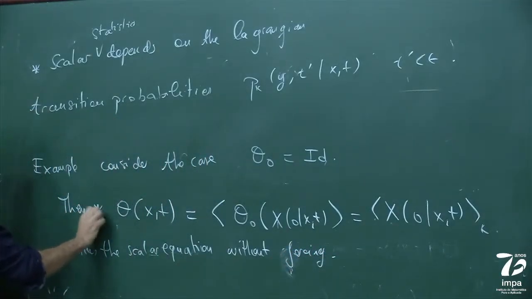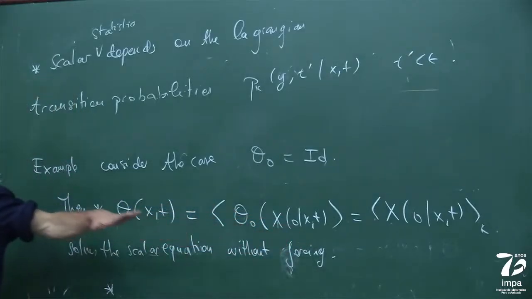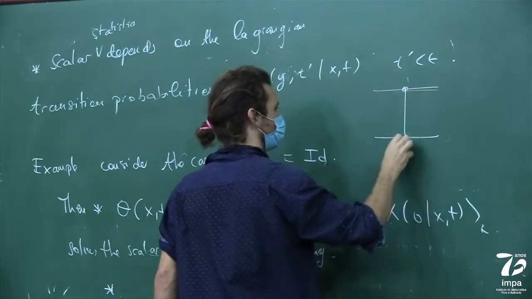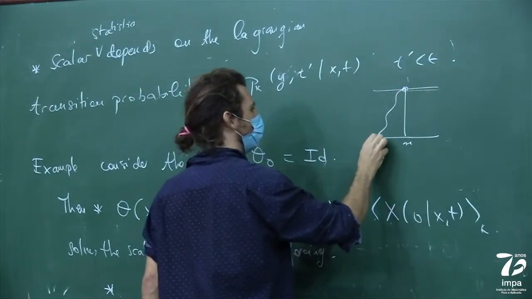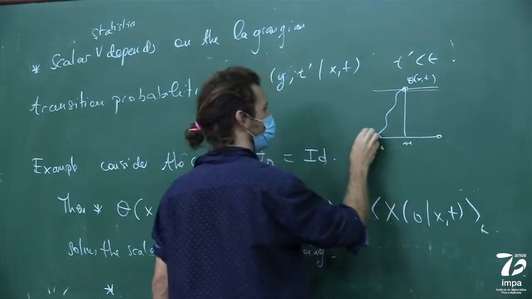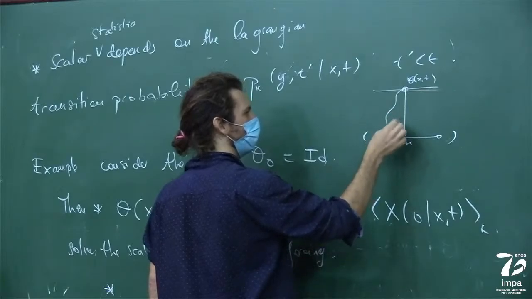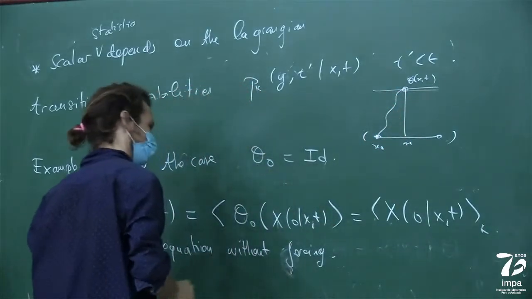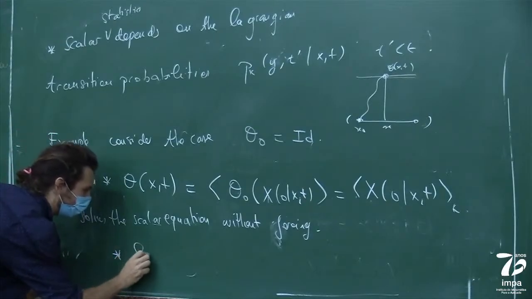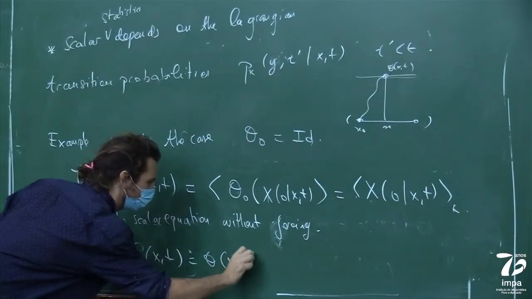And an interesting case is, we take the identity. Now, instead of looking at the initial position, I have position x0 here, and theta of x t. So I'm averaging about this position. And I will consider the displacement, so I define delta of x t equal to theta of x t minus x.